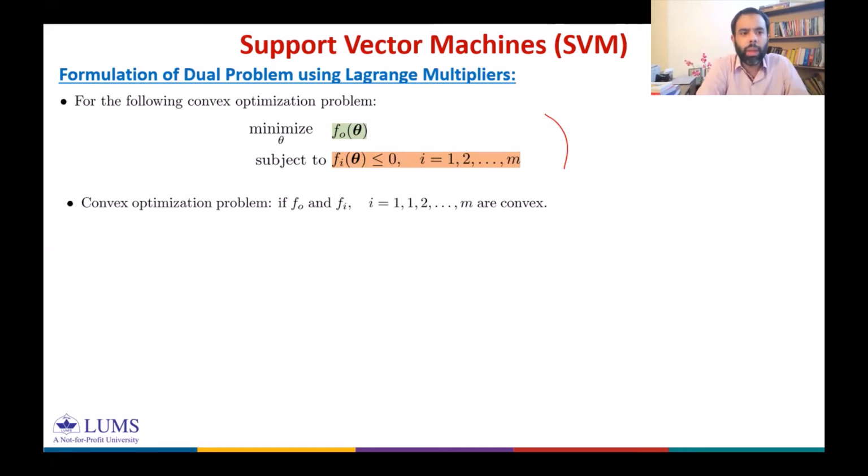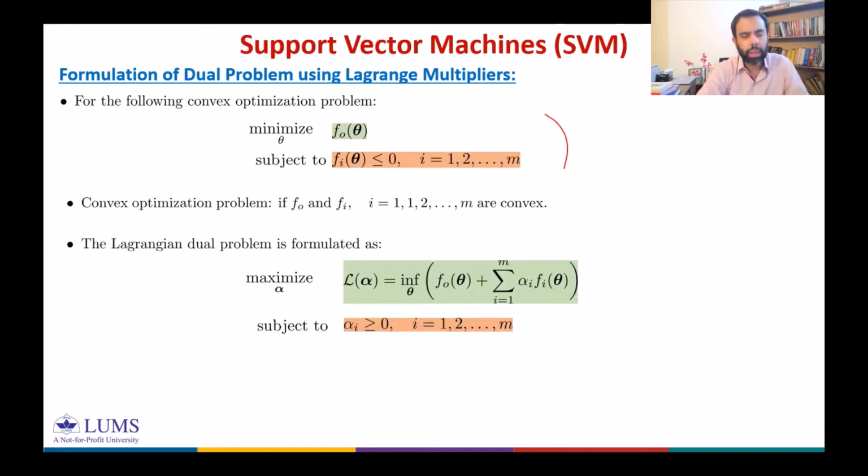The duality theory states that for this problem, which we call the primal problem, we can formulate a dual problem, what we call the Lagrange dual problem or Lagrangian dual problem, which is this. We maximize it. Let me explain. What's the objective function here?